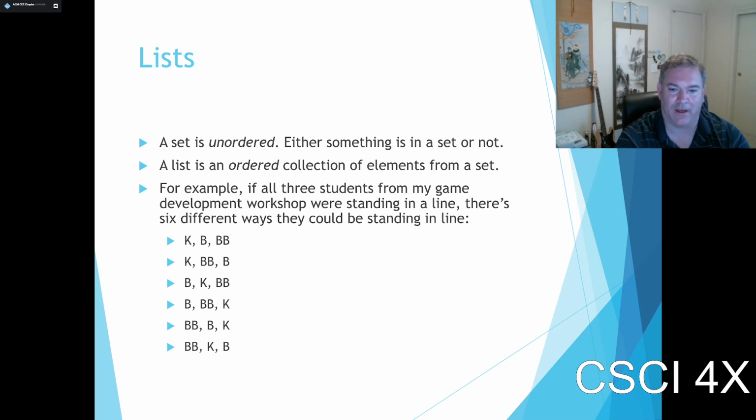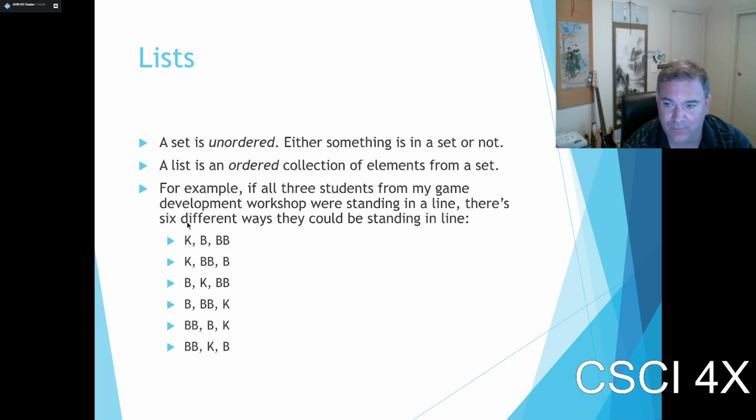So if I've got 3 students from game development standing in line, there's 6 ways I can do it. 1, 2, 3, 1, 3, 2, 2, 1, 3, 2, 3, 1, 3, 2, 1, 3, 1, 2. So there's 3 possibilities for the first option here.